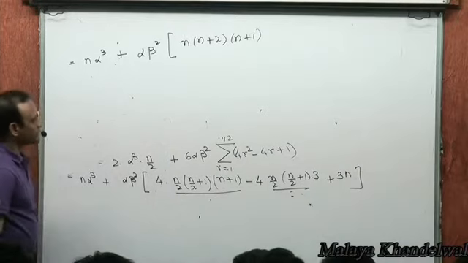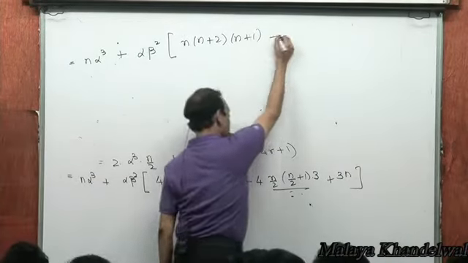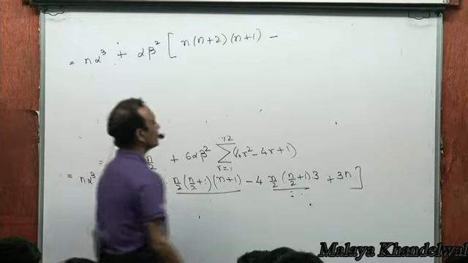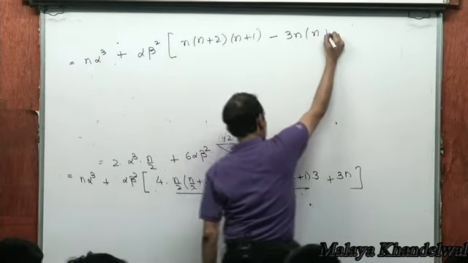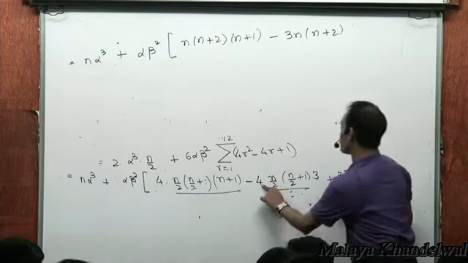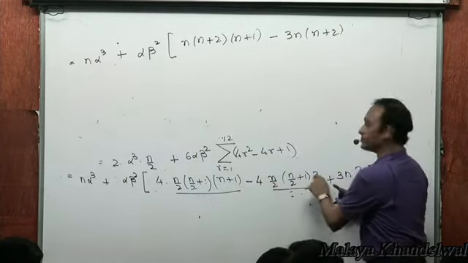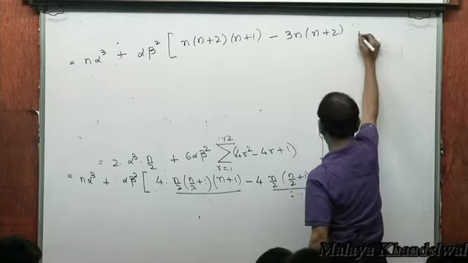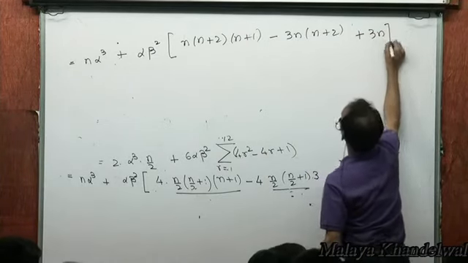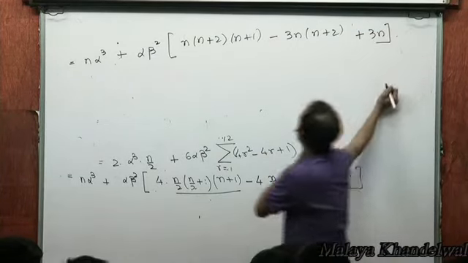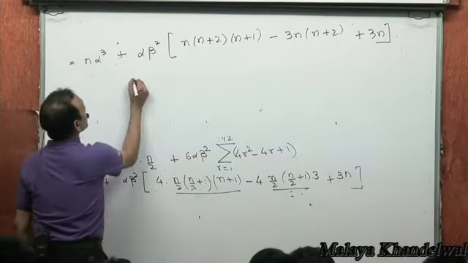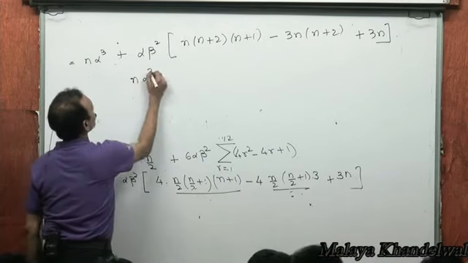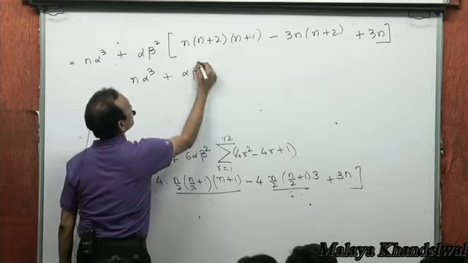right? Minus 3n into n plus 2, right? Because again this 4 will get cancelled. 3n into n plus 2 plus 3n, right? This is n alpha cubed plus alpha beta squared.